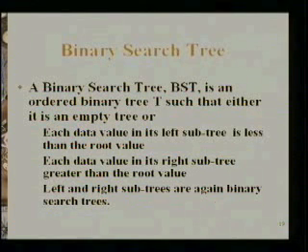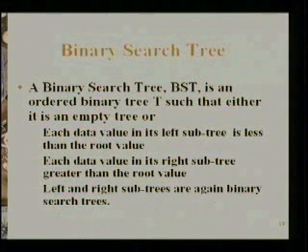Thank you very much. Now let us talk about the binary search tree. What basically is the definition of binary search tree? Well, a binary search tree, that is BST, is an ordered binary tree. You can look into the slide, such that either it is an empty tree or each data value in its left subtree is less than the root value.